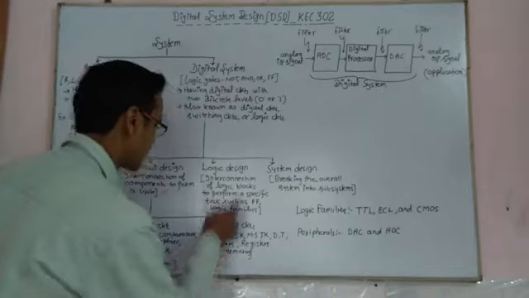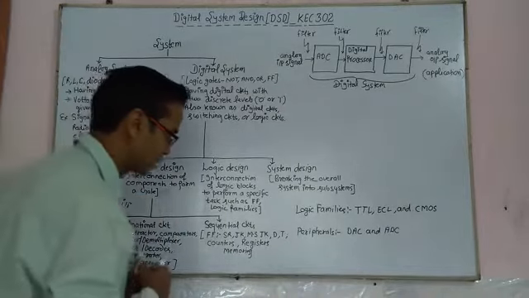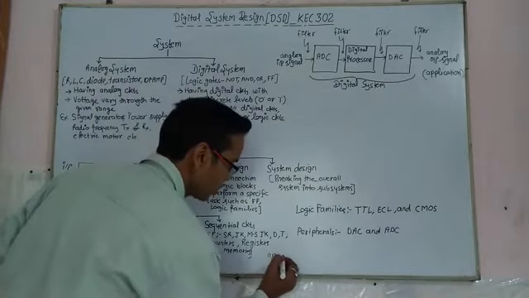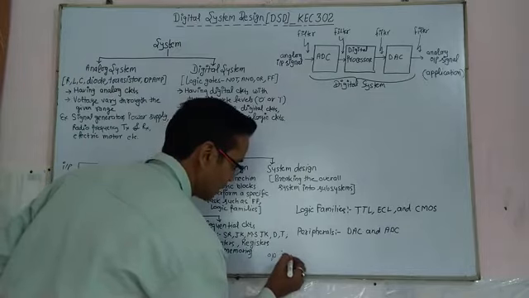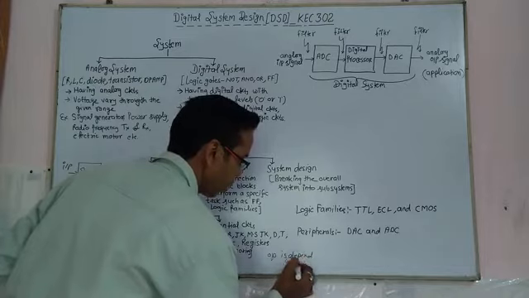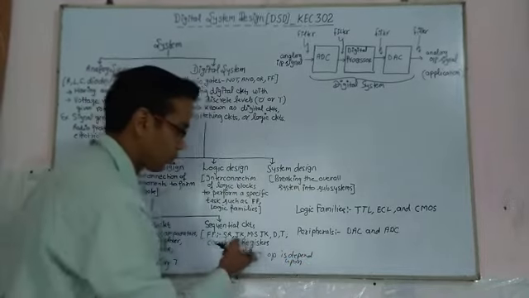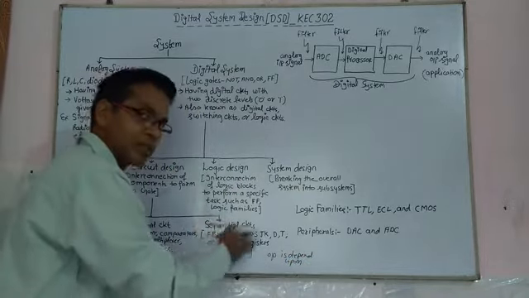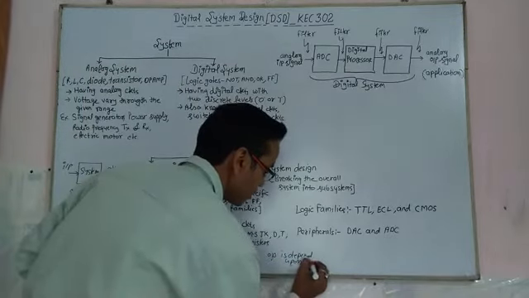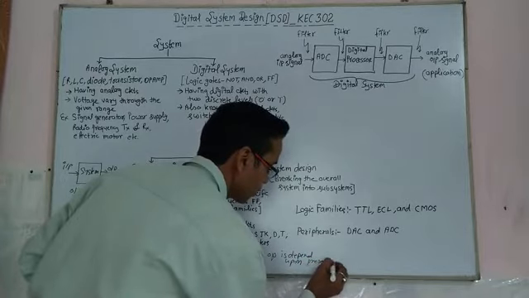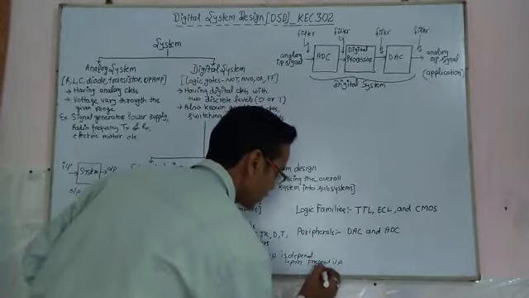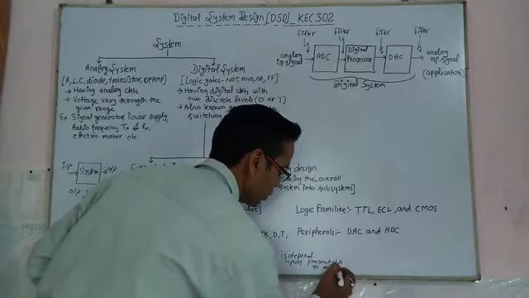Sequential circuits are those circuits in which the output depends upon the present input value as well as the past value.